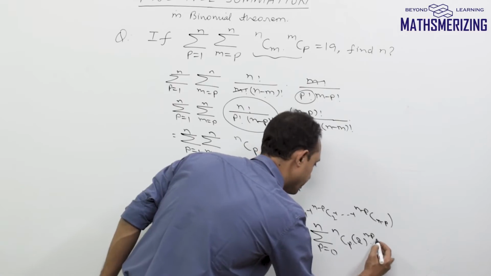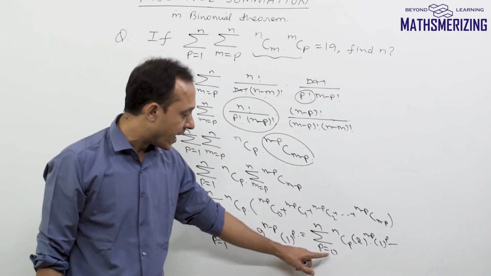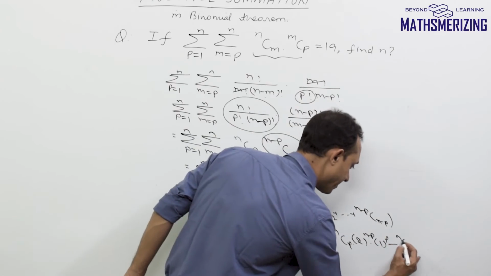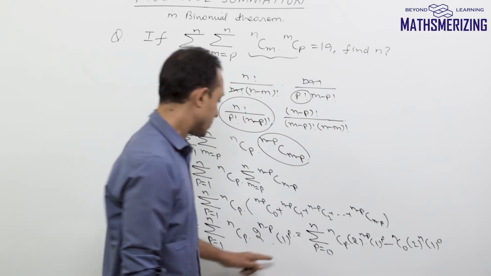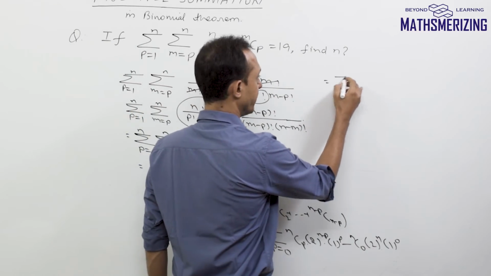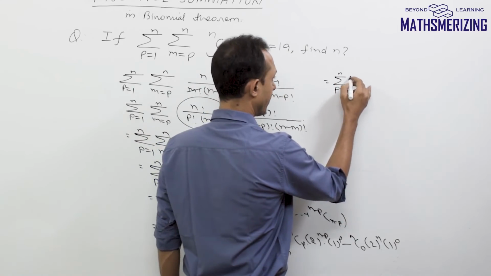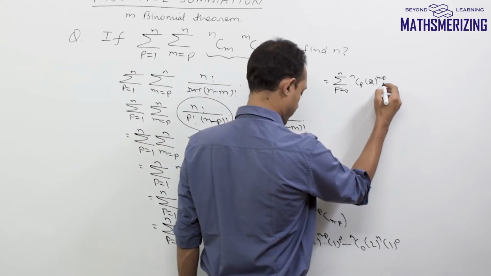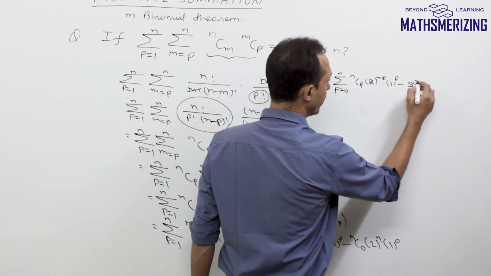So actually I'll write it as summation p varies from 0 to n, and then nCp, 2 to the power of n minus p into 1 to the power of p, and then because we have added one term, I have to subtract that term also. So minus nC0, 2 to the power n and 1 to the power 0. So I can write this sum as summation p varies from 0 to n, nCp 2 to the power of n minus p into 1 to the power of p, and then minus 2 to the power of n.